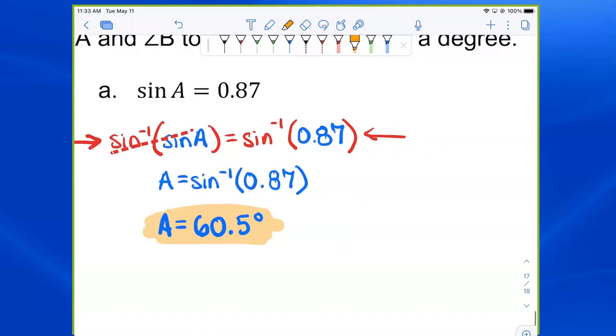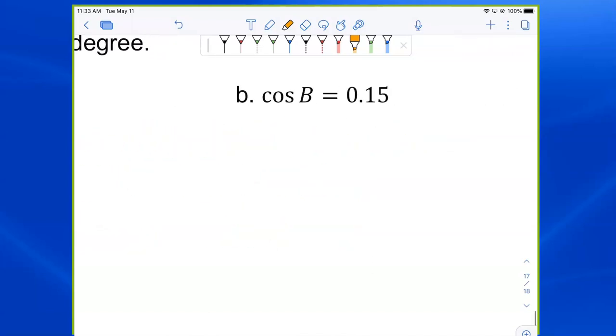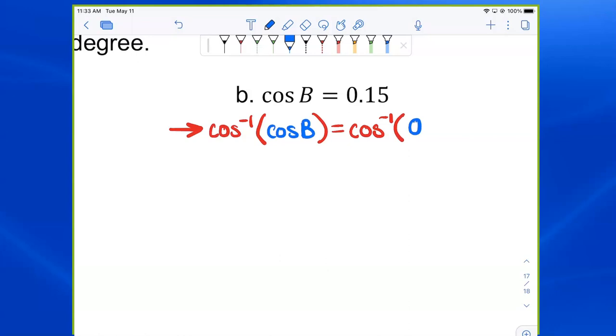So part B, just so we know where the cosine inverse is, we have cosine of B equals 0.15. So again, our intermediate step that I'm writing for today, but will not write tomorrow, is cosine inverse of cosine B equals cosine inverse of 0.15.